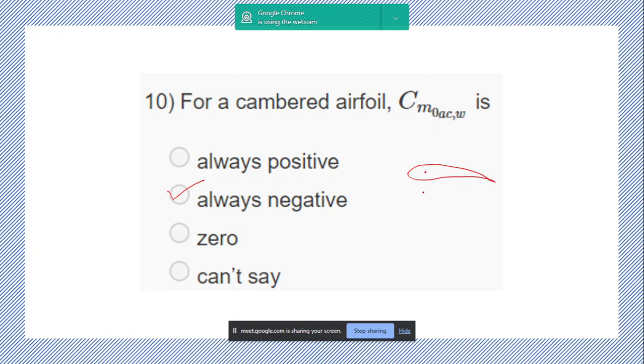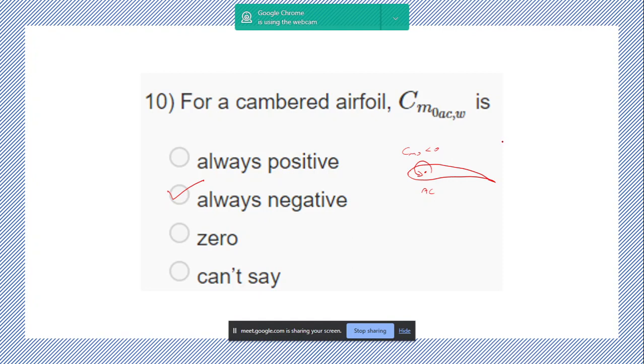This is the AC. So you have a pitch down. You just said it's negative, so it's nose down, pitch down. Cm naught is negative. Why is it always negative for a cambered airfoil?